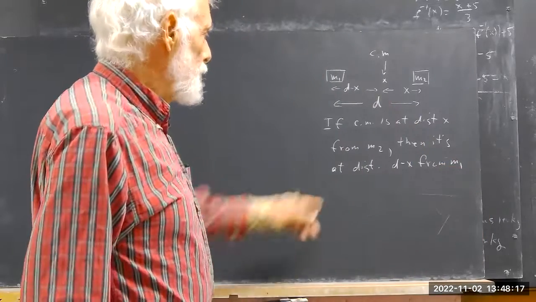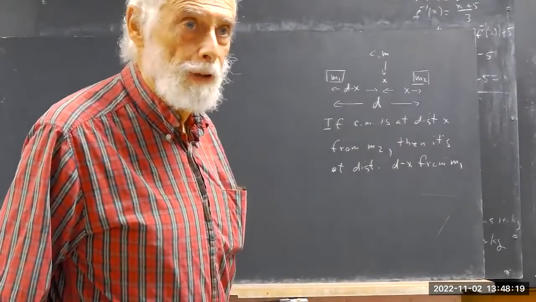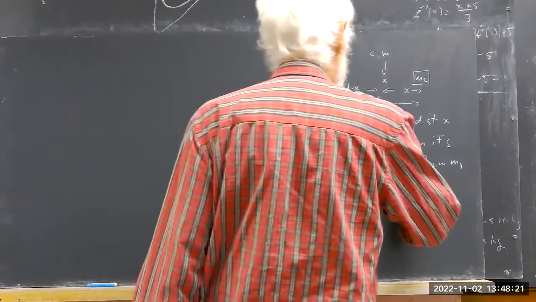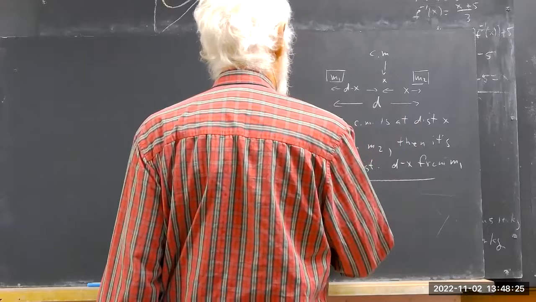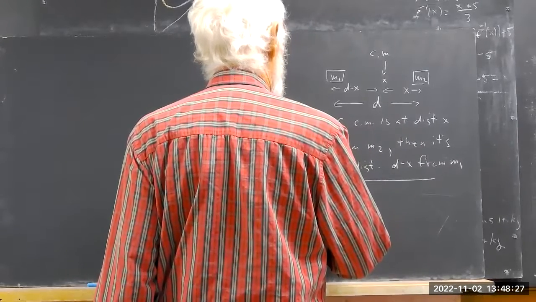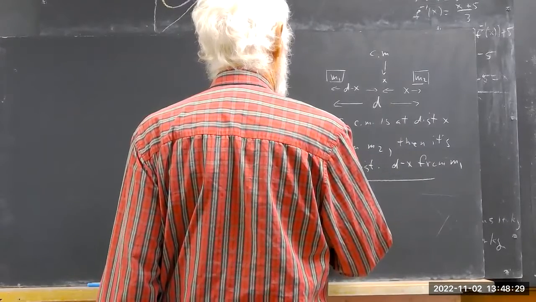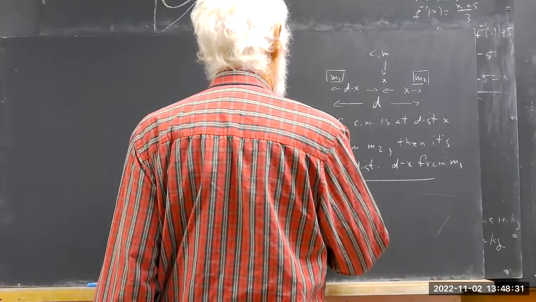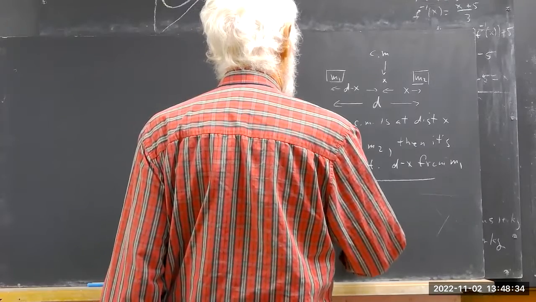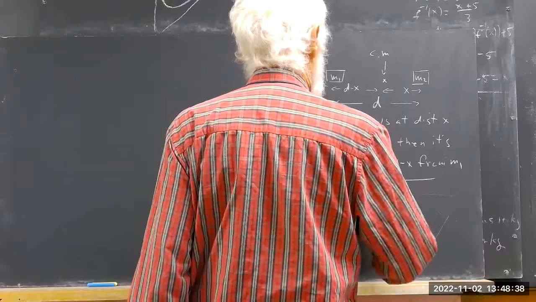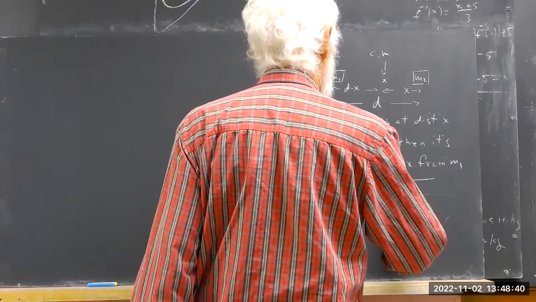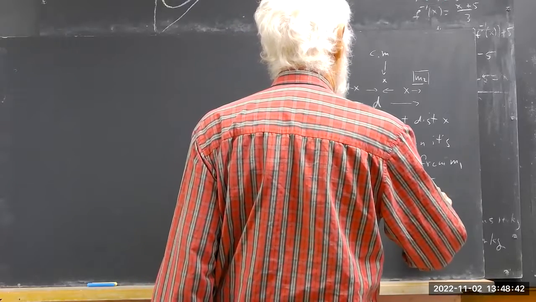Okay, this is x from M2, that's a distance d minus x from M1. Then M2 times x has to equal M1 times d minus x.